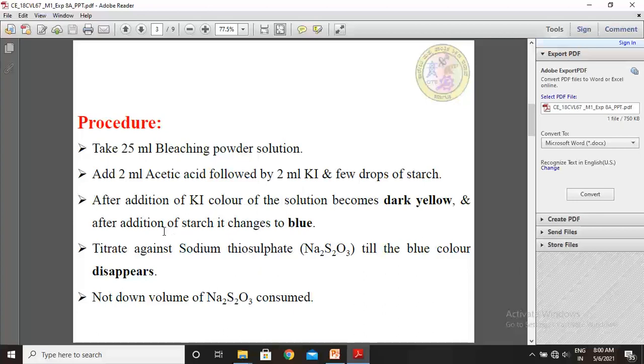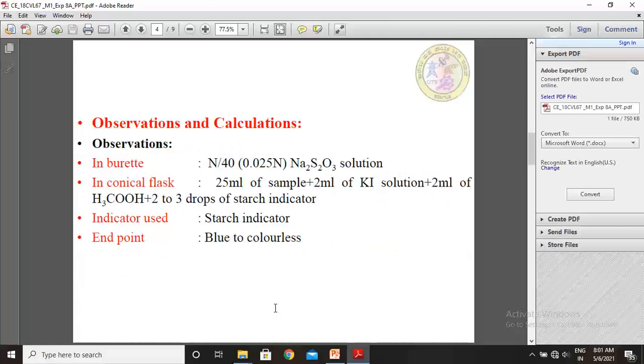Next step, after addition of KI, the color of the solution becomes dark yellow, and after addition of starch it changes to blue. Then titrate against sodium thiosulfate till the blue color disappears. Note down the volume of sodium thiosulfate consumed in ml.